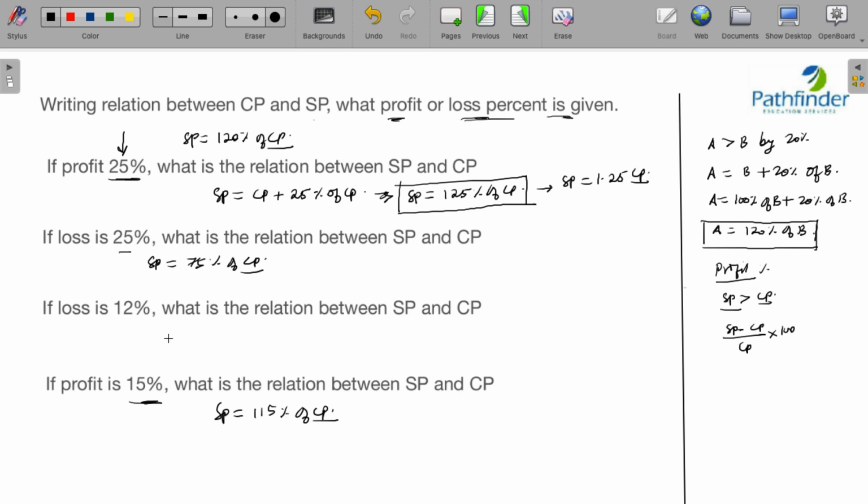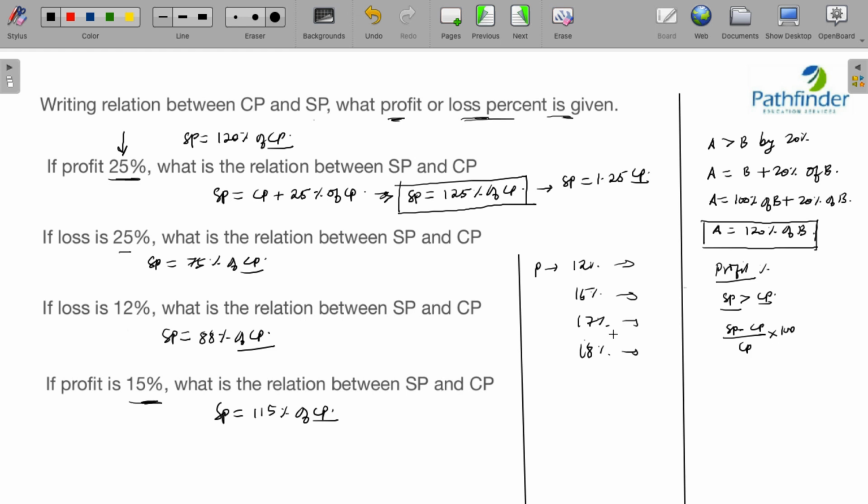If there is a loss of 12%, SP is equal to 88% of CP. This should be almost instantaneous. And what I recommend is, you can simply write down what if the profit is 12%, 15%, 17%, 18%. Try writing down these equations. This process should be almost instantaneous.